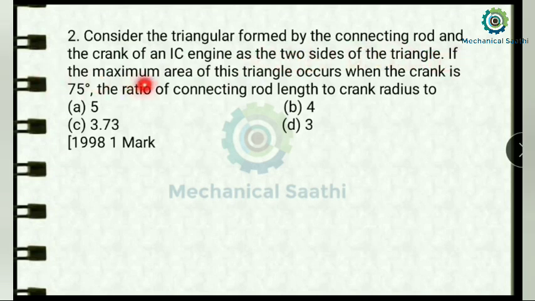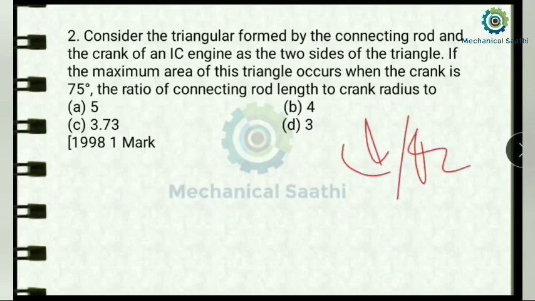If the maximum area of the triangle occurs when the crank is at 75 degrees, we need to find the ratio of the connecting rod length to the crank radius, that is L by R, where L is the connecting rod length and R is the crank radius.